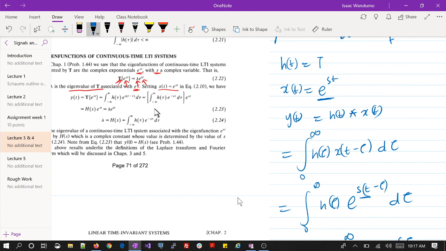And this is what we are referring to as the eigenfunction of our input.